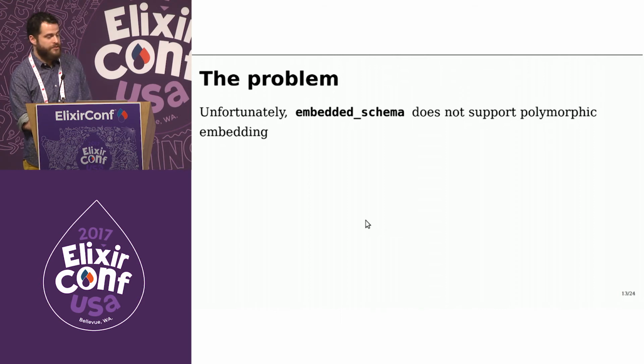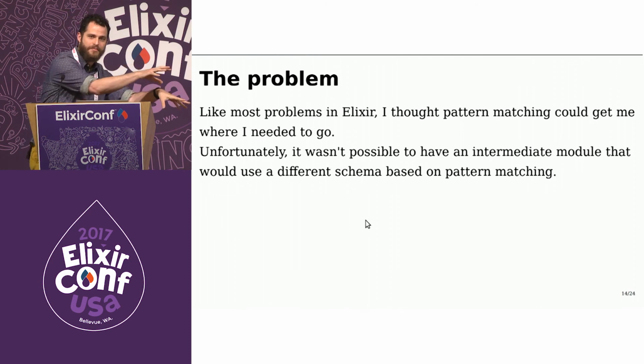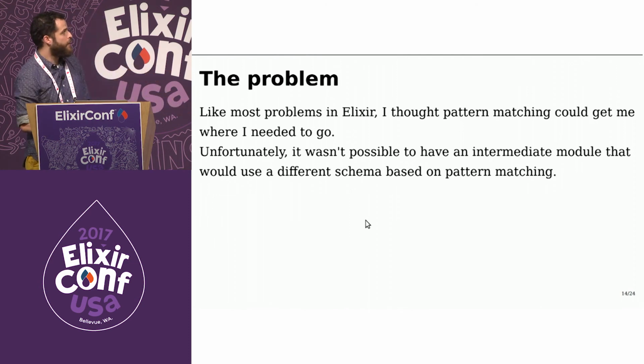And unfortunately, it doesn't support polymorphic embedding. So like most problems in Elixir, I tried to pattern match my way out of this, but unfortunately you can't just say that you're embedding many, give it a generic module, pattern match in that, and then do embedded schemas on those things.